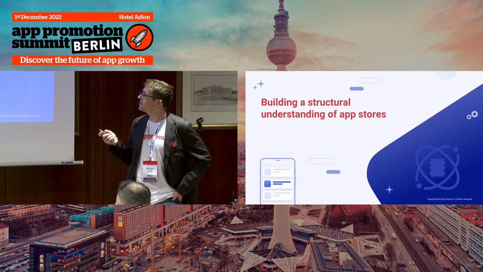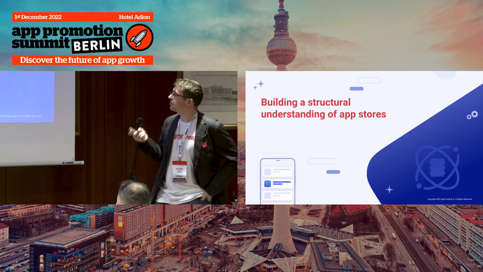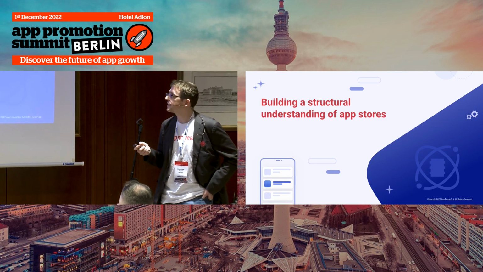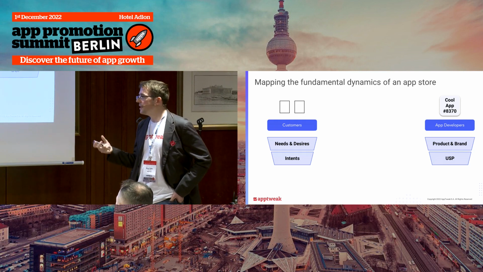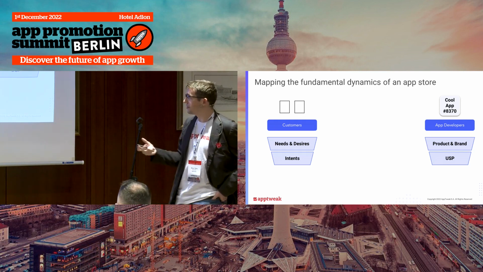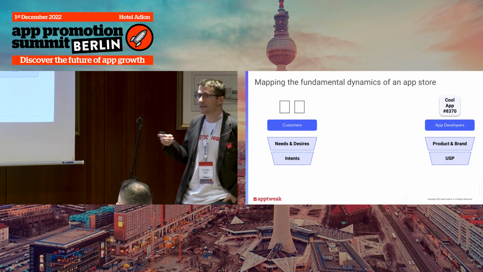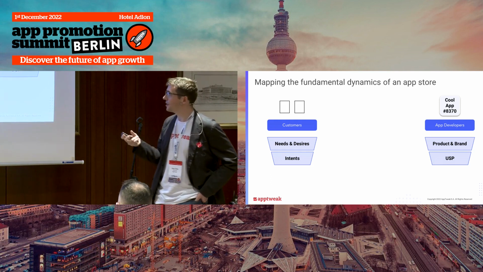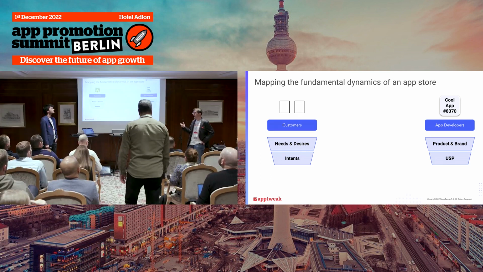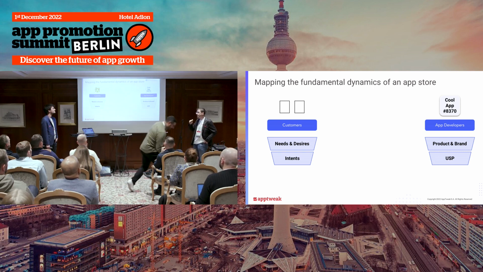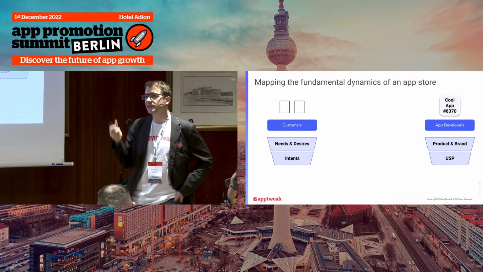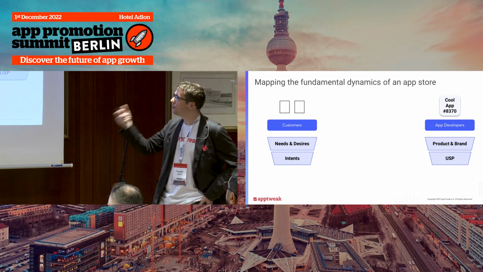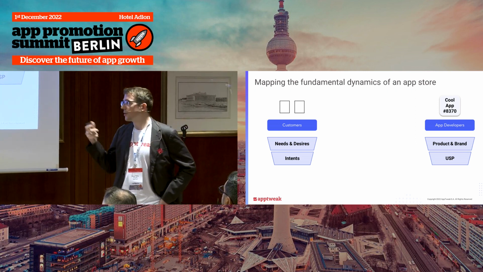So, starting with the question of building a structural understanding of app stores. We know that ASO is one of the many tools in a marketer's toolkit, and in the app world, marketers are confronted with a situation where you have an app, which can be summarized as not only a product, but also a brand, that you try to boil down into a unique selling proposition, which you want to take to customers who are individuals.